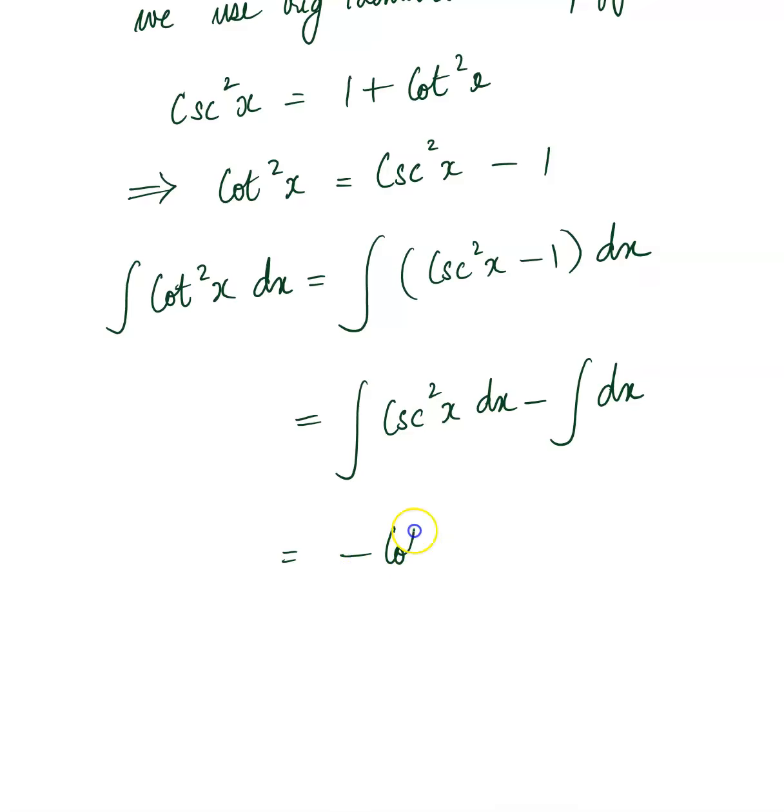That would be negative cotangent x, and this integral of dx is minus x itself plus c. Again, cosecant squared kx is what the formula gives us. So here k is 1, so it looks a lot simpler. And that is how you handle questions that do not directly have formulas.